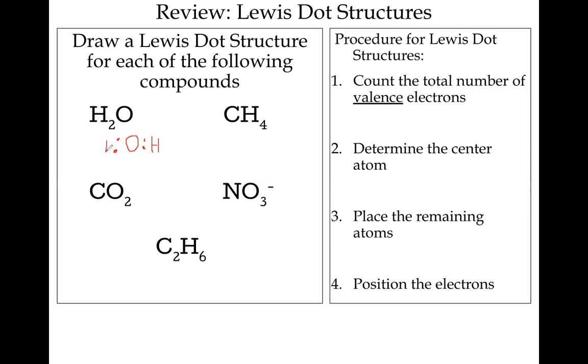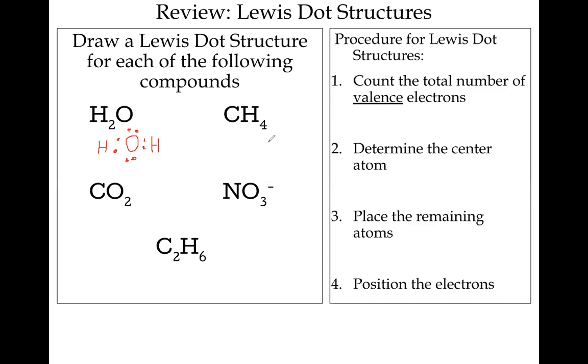The 2 electrons represent a bond between the hydrogen and the oxygen. So now we have 2, 4. We need to add 2 more to get 6, 8. Voila.